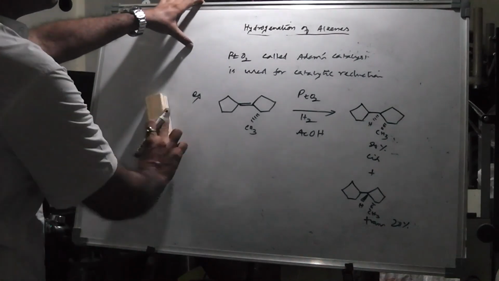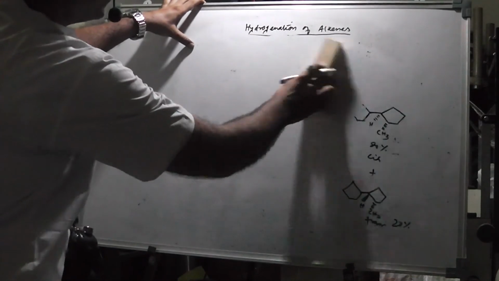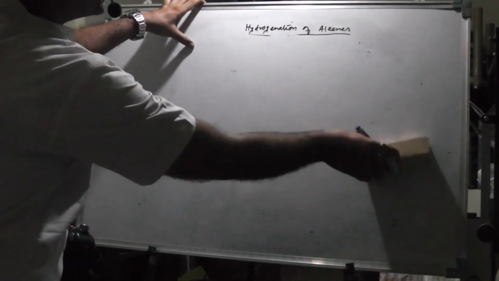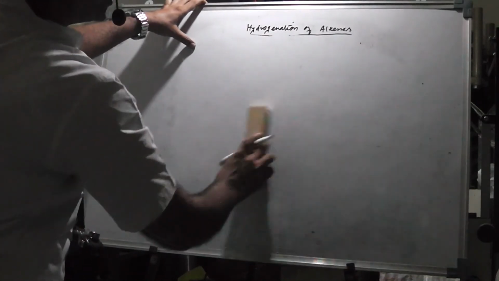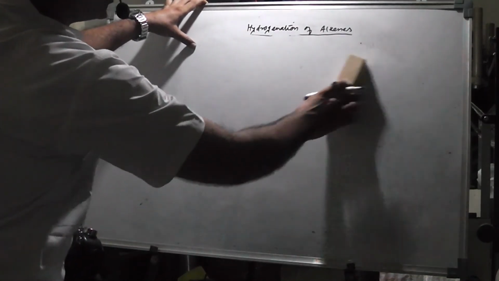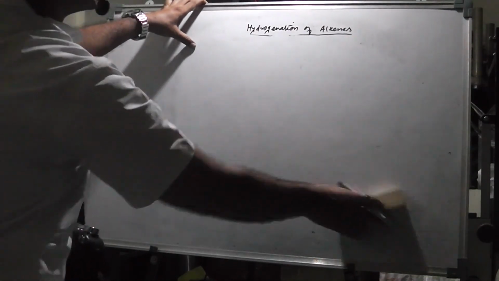Rigid ring systems are quite interesting molecules. Depending upon the nature and position of the substituent, the reduction gives a cis and trans mixture. Let us look into that.